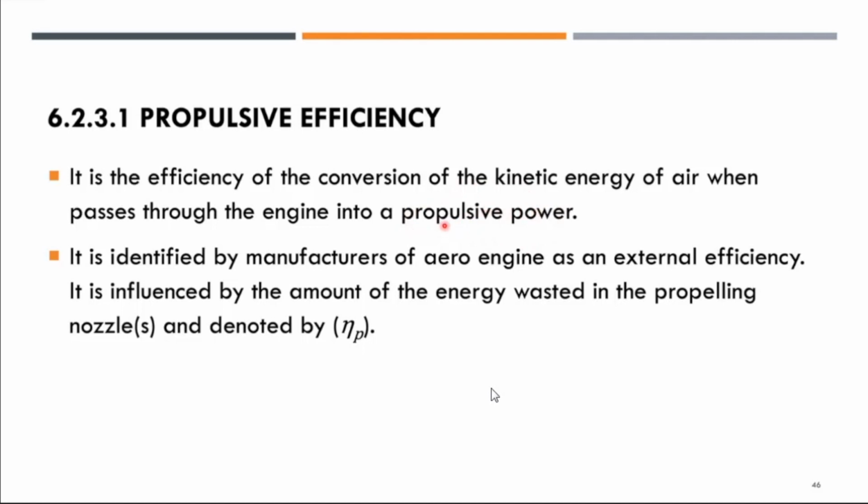It is identified by aero engine manufacturers as an external efficiency. It is influenced by the amount of energy wasted in the propelling nozzle and is normally denoted by zeta P.